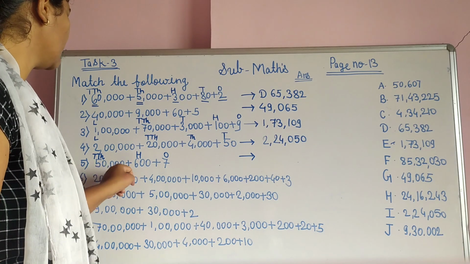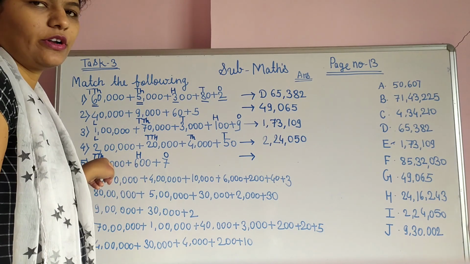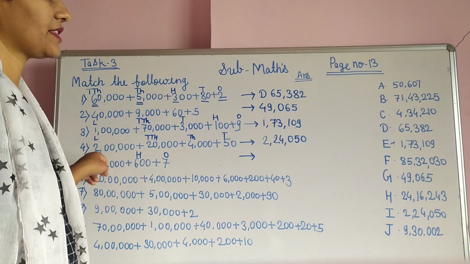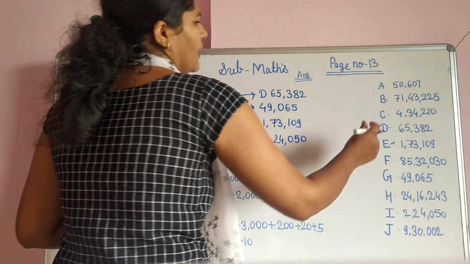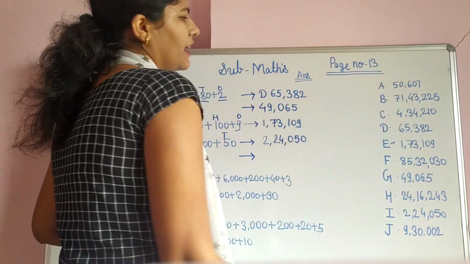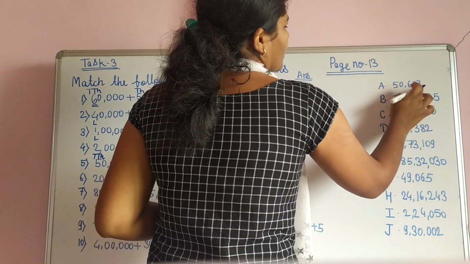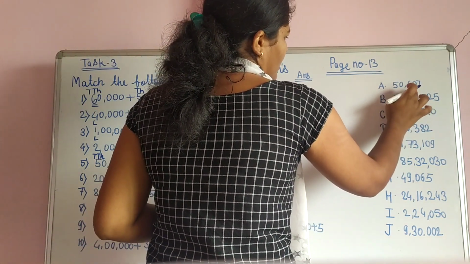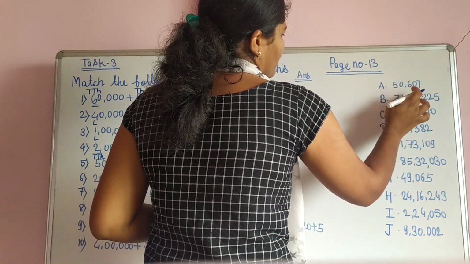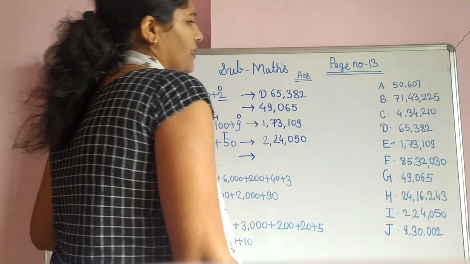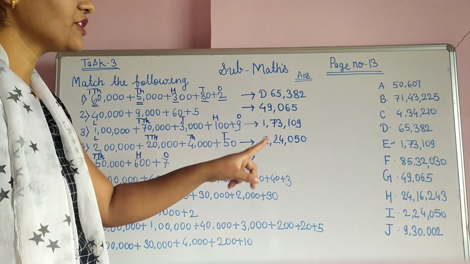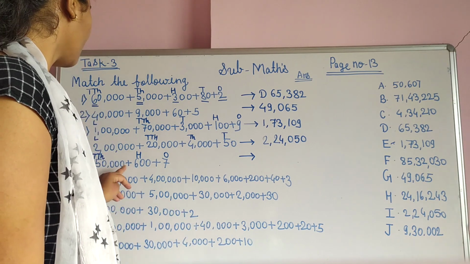Now we will find this number. We want 5 on the 10,000 place. So in the first one only, 5 is on the 10,000 place. We will check it. Ones place, tens place, 100 place, 1,000 place, and 10,000 place. So the first digit matches, we check the second digit.